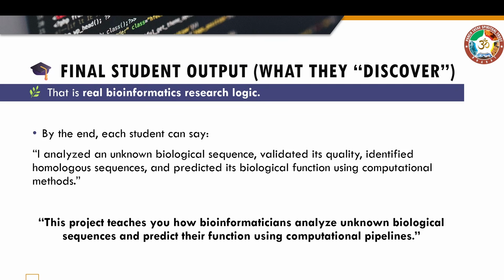By the end of this project, each one of you should be able to confidently say that I analyzed an unknown biological sequence, I validated its quality, I identified homologous sequences, and I predicted its biological function using computational methods. And this is real bioinformatics logic.